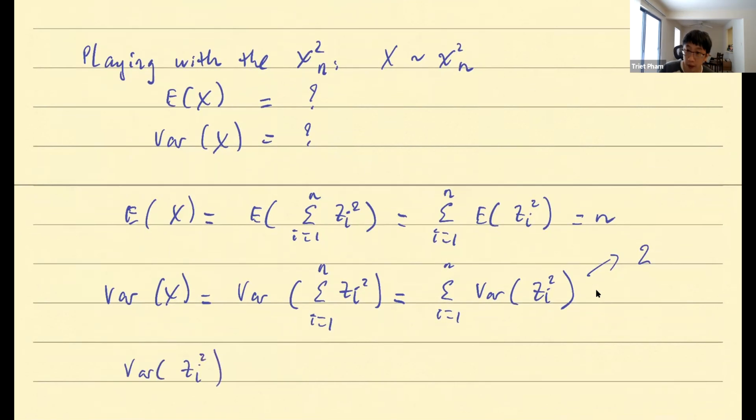So how do we work out variance of zi square? What is the formula of variance? Again, a lot of times things just go back to definition, no more than that. It should be expectation of the square, which is the fourth, minus, right, Madhav?